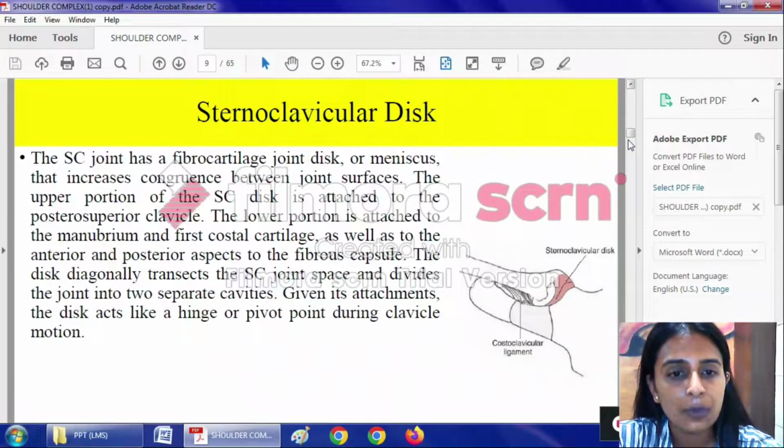The lower portion is attached to the manubrium and first costal cartilage as well as to the anterior and posterior aspects of the fibrous capsule. The disc diagonally transects the SC joint space and divides the joint into 2 separate cavities. Given its attachments, the disc acts like a hinge or pivot joint during clavicle motion.